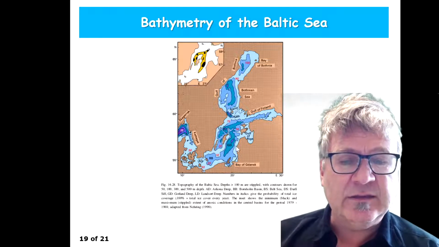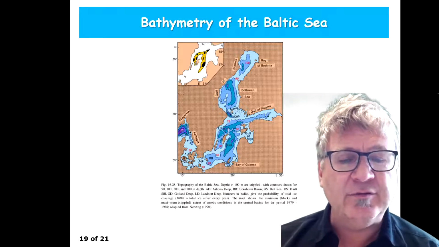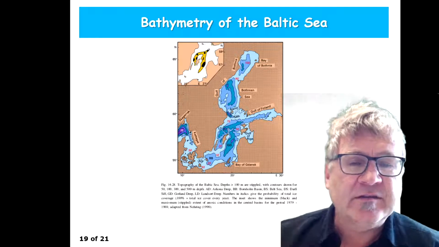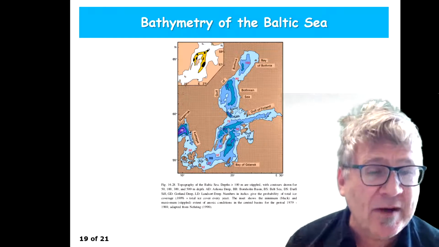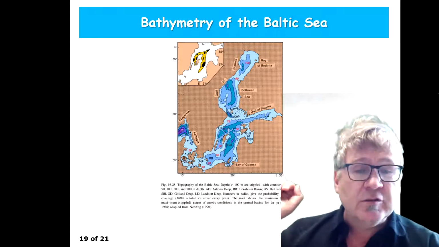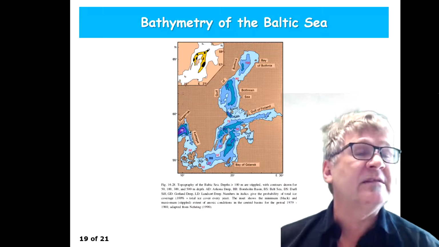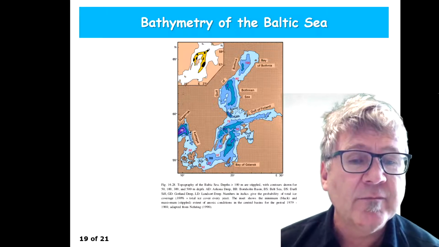And shown are the contours for 50, 100, 300, and 500 meters. So the Baltic Sea is much shallower if you compare it to the Mediterranean Sea. It's also much smaller, and it has a significant input of continental runoff.